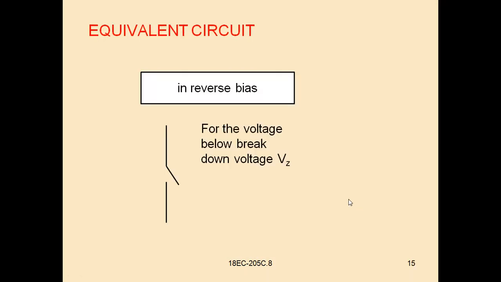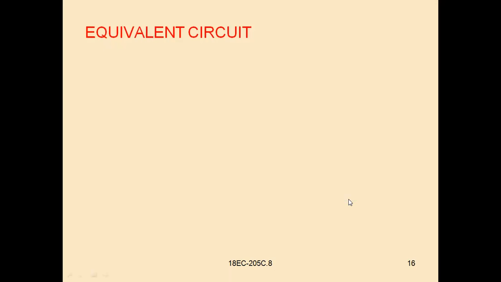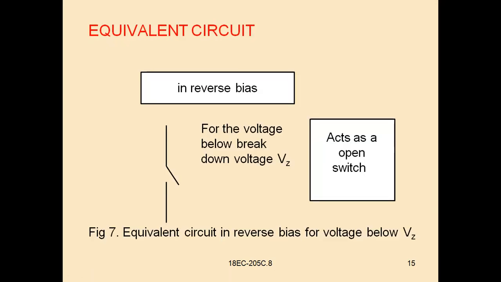Then the equivalent circuit in reverse bias. In reverse bias, the diode will act as an open switch. For a voltage below the breakdown voltage VZ given as reverse bias, it will act as an open switch in the reverse bias condition.